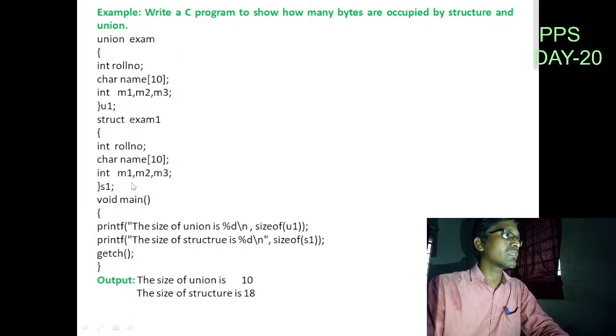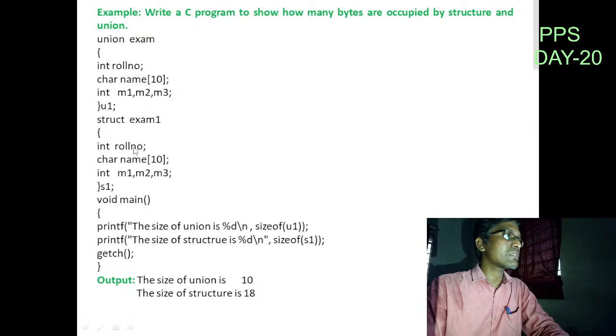In this example, when I execute this code, I get the size of the union as 10 bytes. Why? Because 10 is the maximum bytes of the union members, and the remaining members share within the 10 bytes only. That's why the size of the union is only 10 bytes. What about the structure? The size of the structure is 18 bytes.